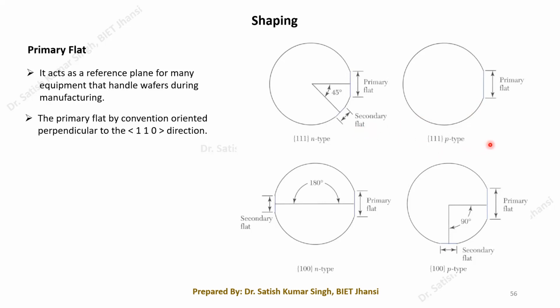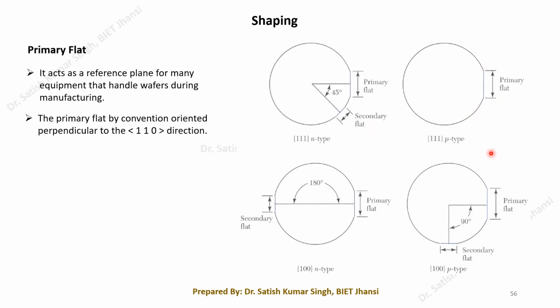In this case, for p type with crystal orientation 111, only one flat will be available. Whenever you see a wafer with only one primary flat, you will know it is a 111 crystal orientation p type wafer.